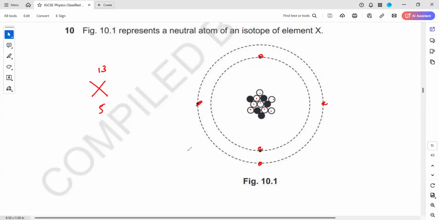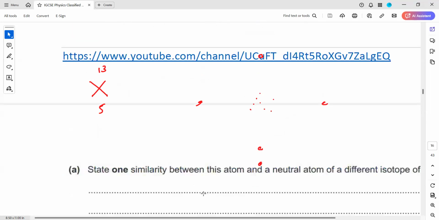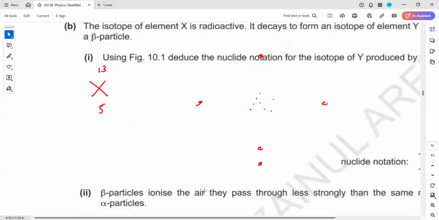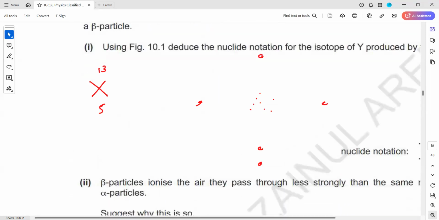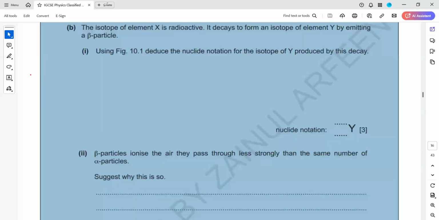So 13 and 5. So 5 protons are there. I'm writing a nuclide equation for this.